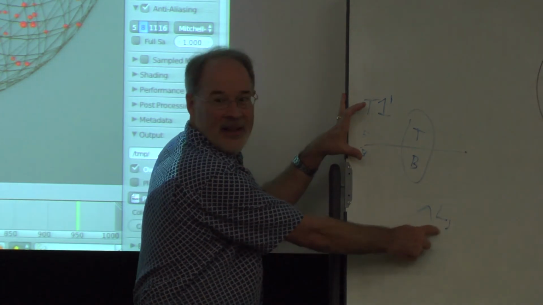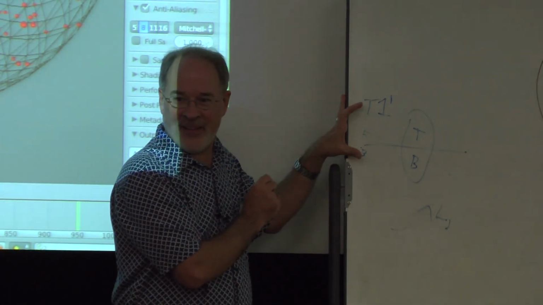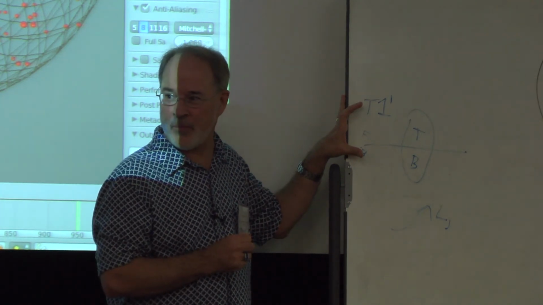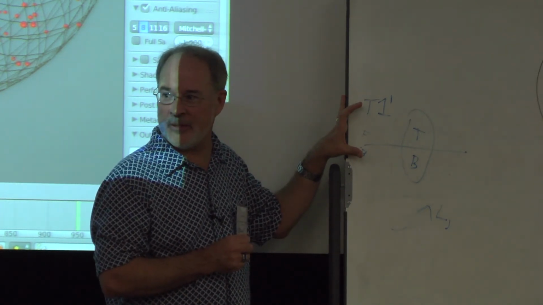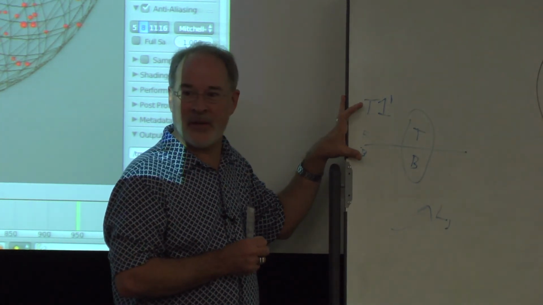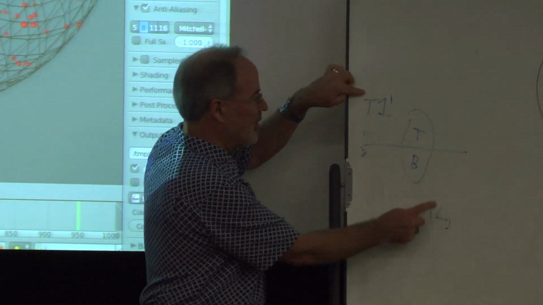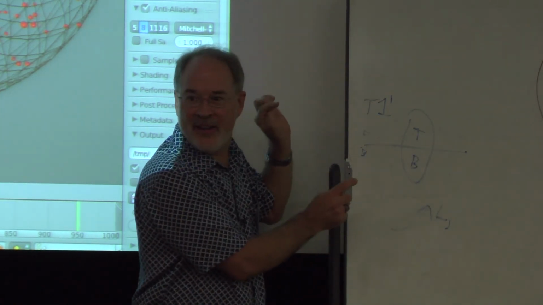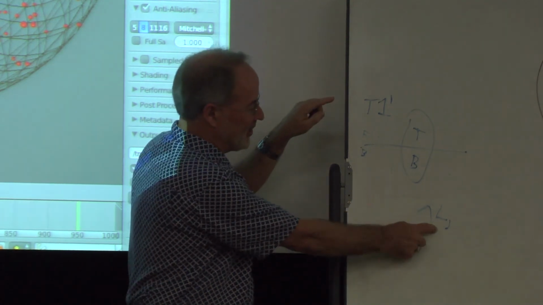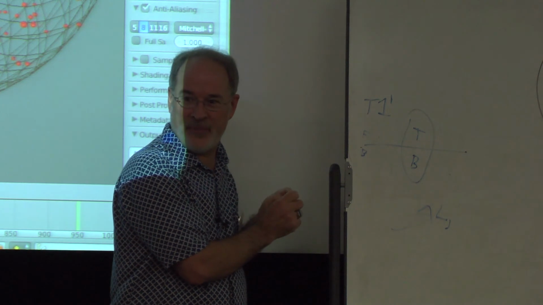T1 prime is a species T1 that is oriented to the right, which means the top is prime. It's just where the molecules are when they interact. So T1 prime is just indicating the orientation.